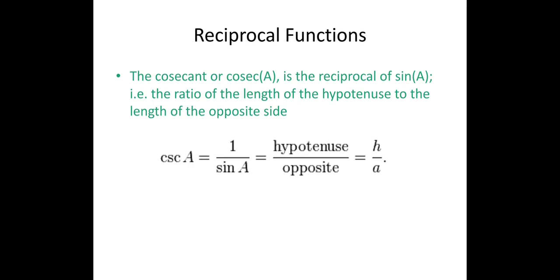The cosecant of the angle is the reciprocal of the sine of the angle. It is the ratio of the hypotenuse to the opposite, because sine was opposite over hypotenuse. Here cosecant will be hypotenuse over what? Opposite. So cosec A is equal to the inverse of sine A, that is 1 by sine A, which is equal to hypotenuse over opposite.